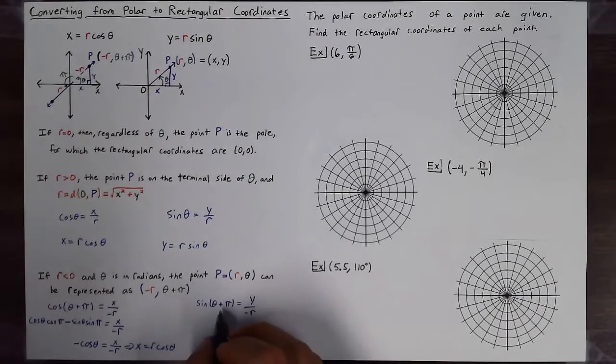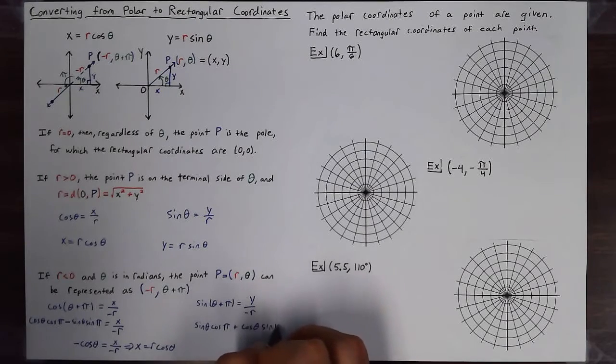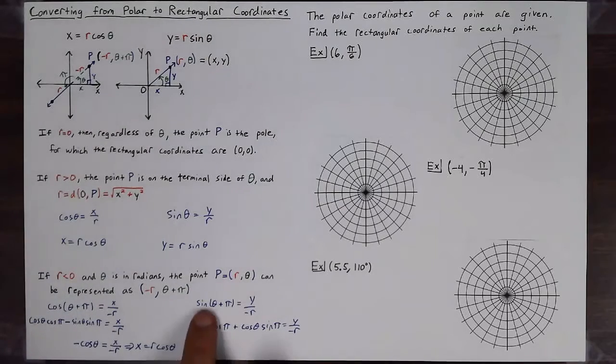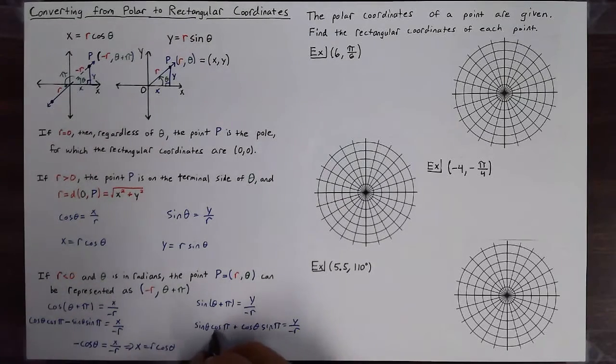And over here, I can do a very similar setup. I can say that sine of theta times cosine of pi plus cosine of theta times sine of pi is equal to y over negative r, using the sum formula for sine. Again, cosine of pi is negative 1, so I get negative sine of theta plus 0, because sine of pi is 0, is equal to y over negative r.